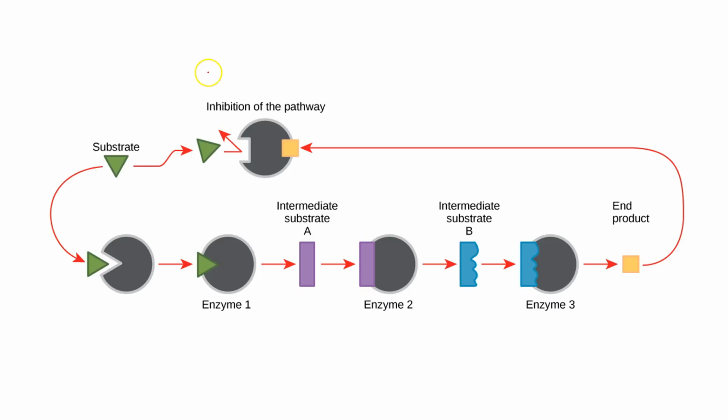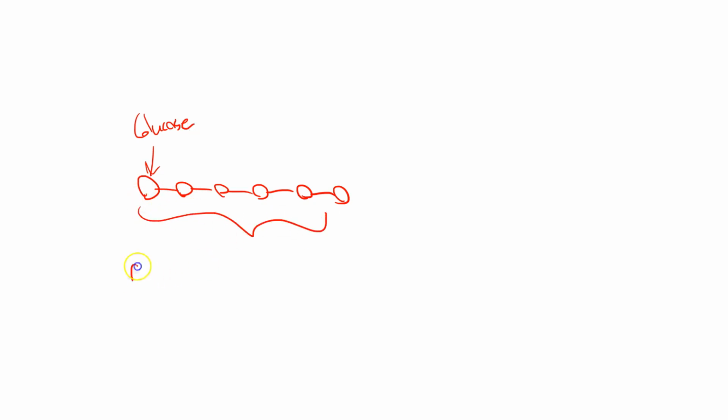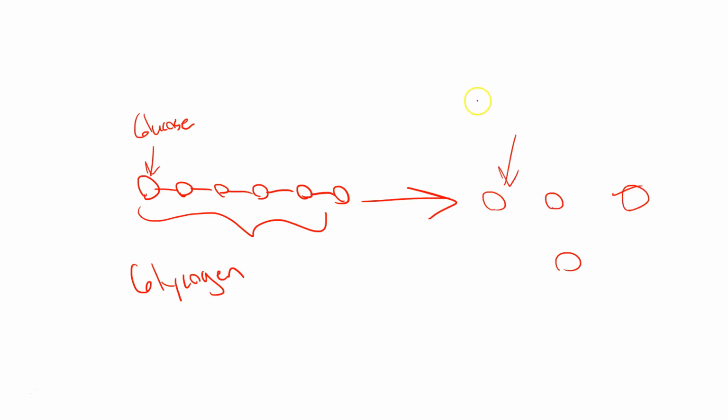So in our infamous example, let's say, of glycogen. Okay, glycogen is a polysaccharide of a lot of different glucose molecules. And there is a lot of this glycogen sitting around in your liver and also in your muscle cells. And when your body needs to get some energy, it's going to undergo a reaction to break this down into the individual sugar molecules, okay?